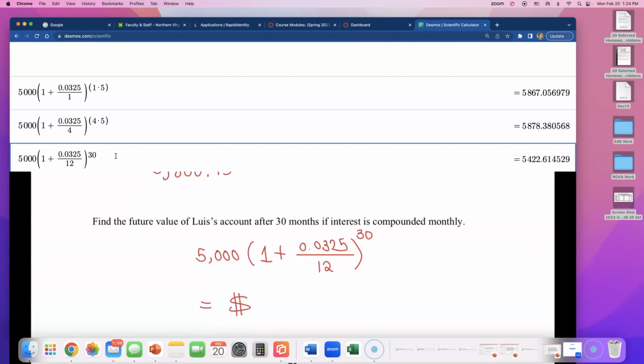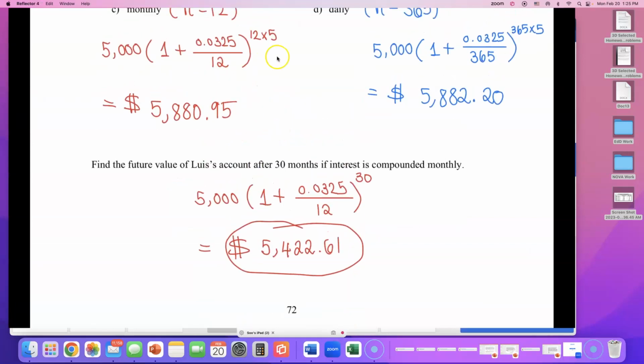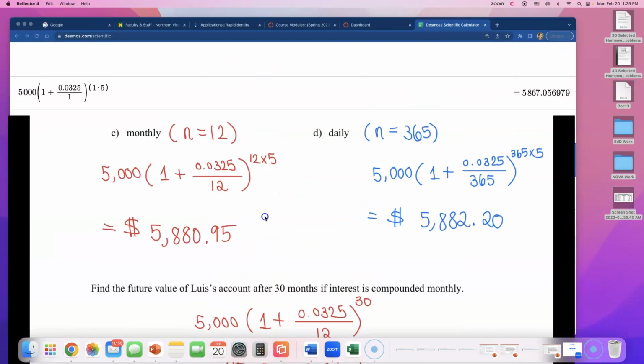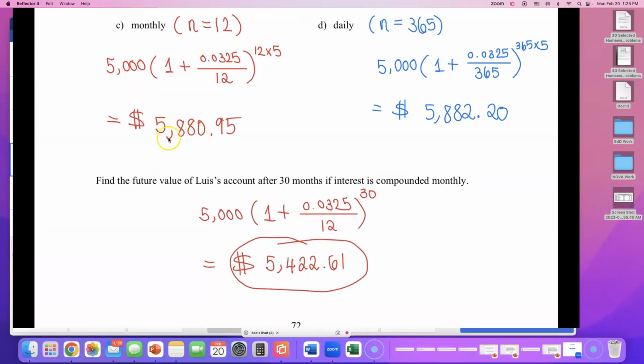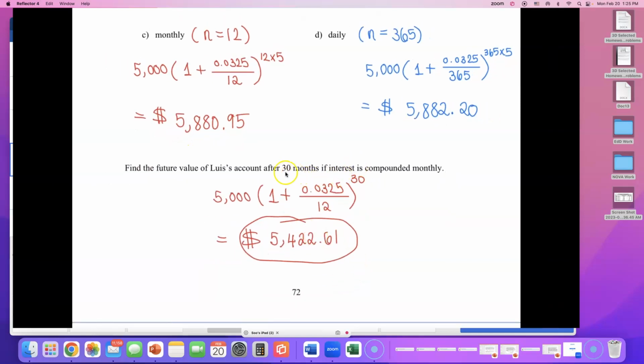And the answer comes out to be $5,422.61. You see, compared to the 5-year period, we just waited 30 months, right? That's less, so we didn't make as much money, but that is how you can do this problem when they give you number of months instead of number of years.